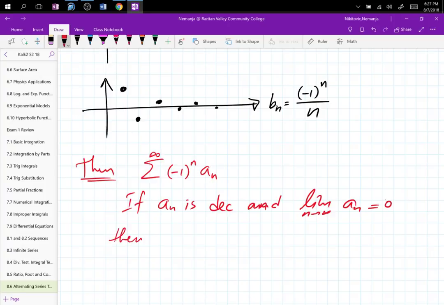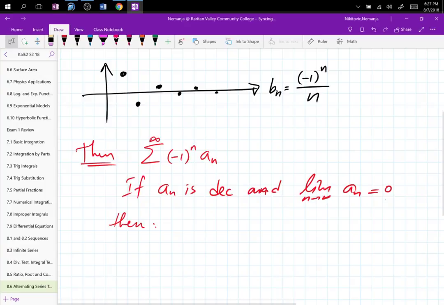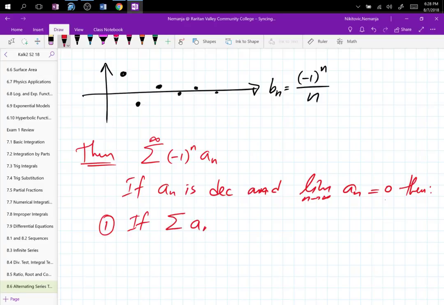Then we have number 1. If the summation of a_n is convergent, we have absolute convergence.